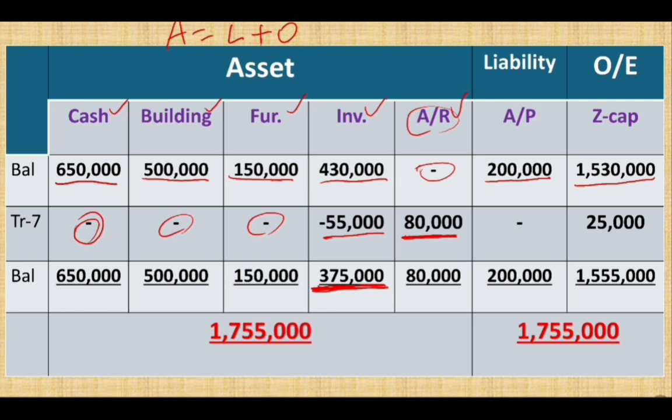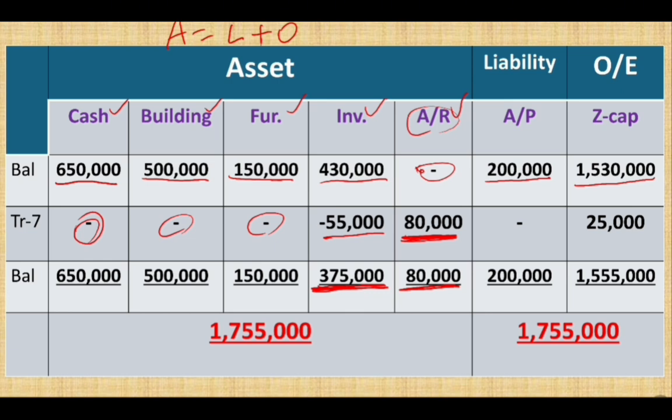375,000. And during transaction 7, since the sale is made on credit, we expect the amount to be received in the future, so there is account receivable of 80,000. So the balance of account receivable after transaction 7 is 80,000, because there was no account receivable before.